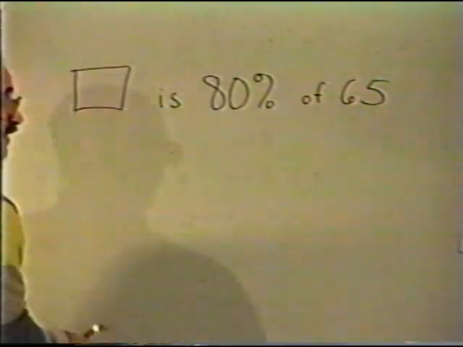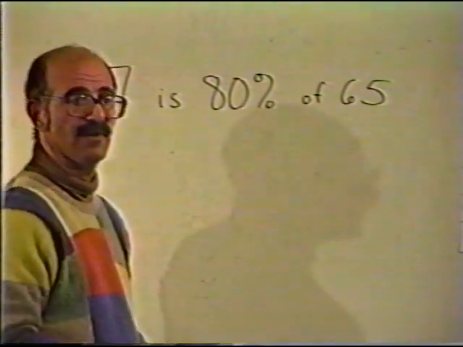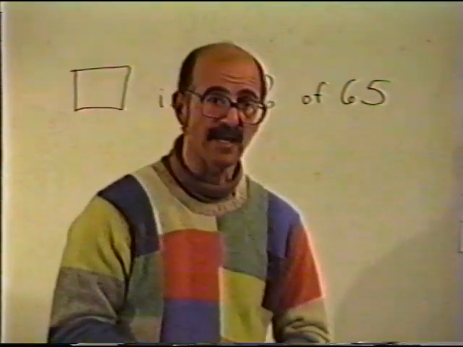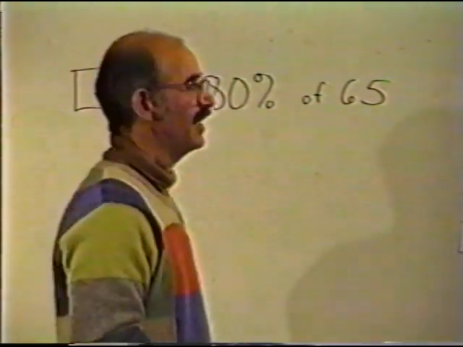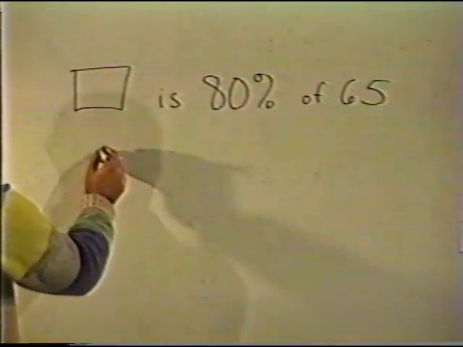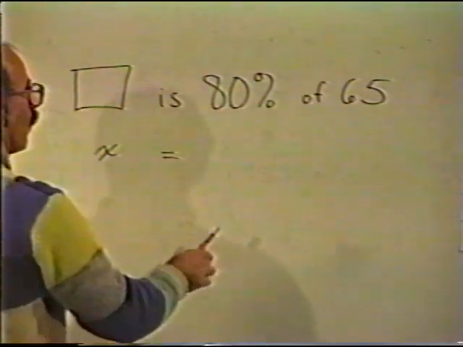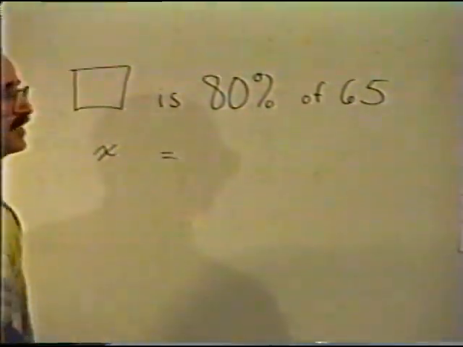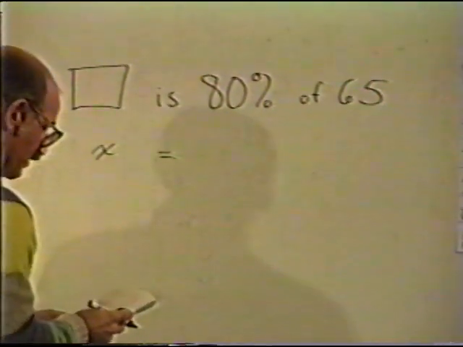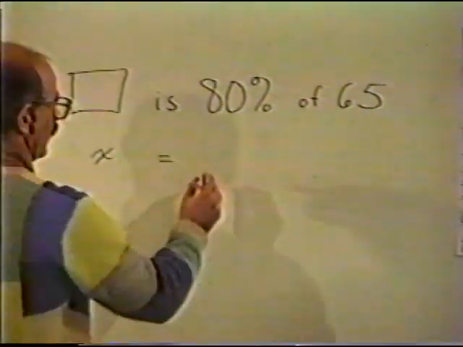This time I've written it backwards just to make it a little more difficult to see what kind of problem it was, but you could see it's type 1. The box becomes x, the is becomes equals. What is 80% as a fraction? 4/5.